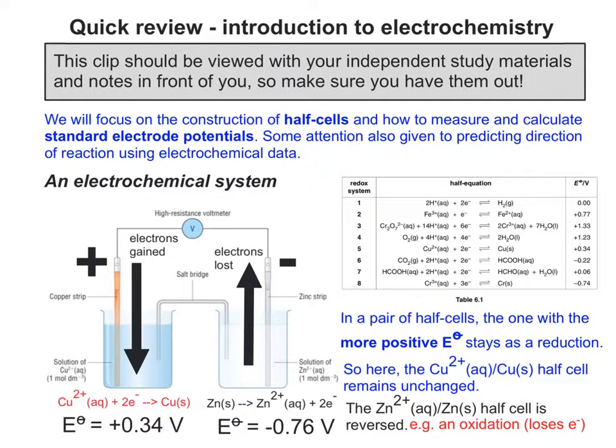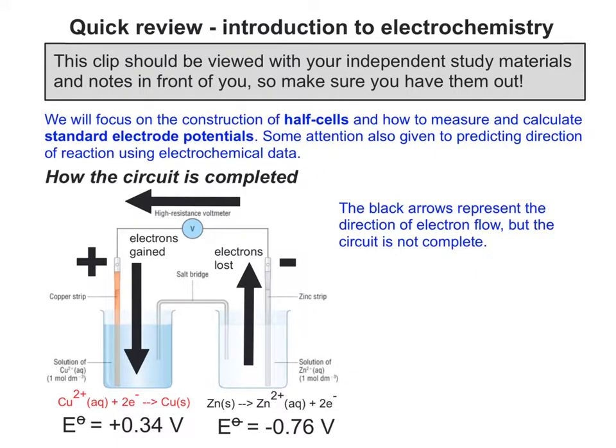Now we can assign polarity to the two halves of our overall electrochemical system. On the copper side, you're gaining electrons. On the zinc side, you're losing electrons. This poses a bit of a problem now. If we take the black arrows to represent the direction of electron flow, the circuit still isn't complete.